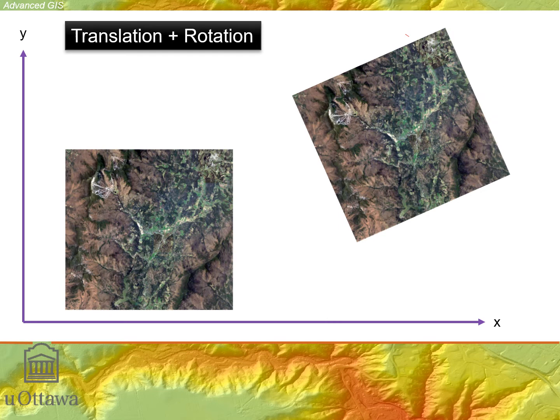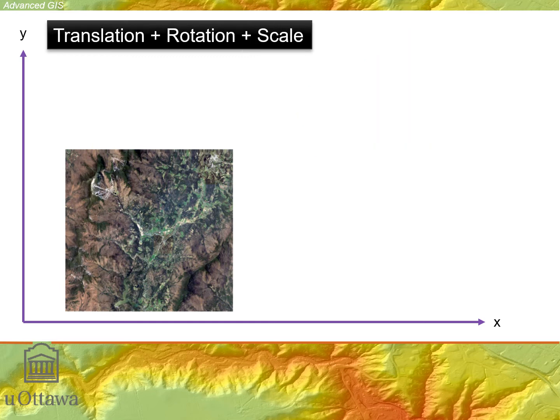That's if it already has a real-world coordinate system. So we have translation and rotation. And just because you see a rotated-looking raster, it does not mean that it is in fact in need of any geometric transformation at all. You have to look closely at the pixels to see whether that's true or not.